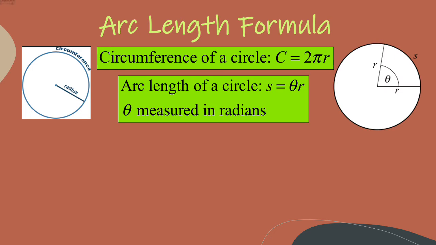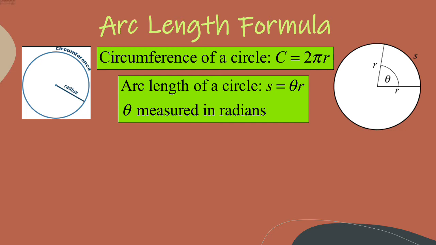If we want a fraction of this circumference for the length of an arc, we use the radian measure of the central angle. This formula can be used to find the length of an arc intercepted by some central angle theta.